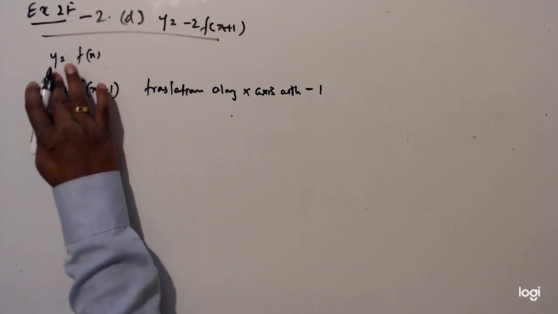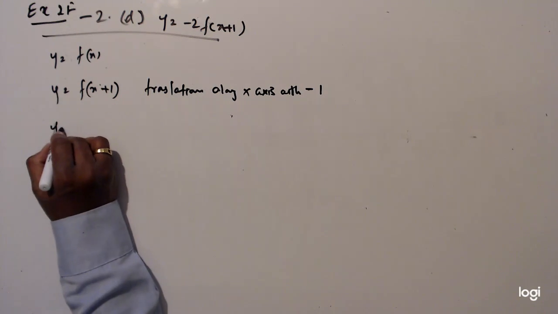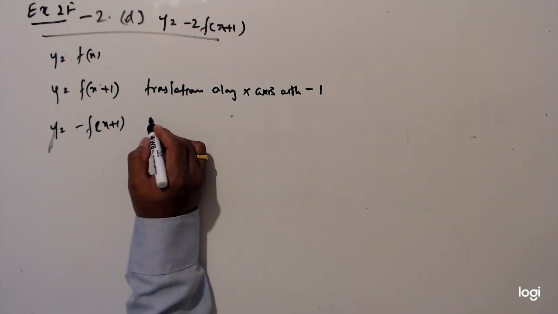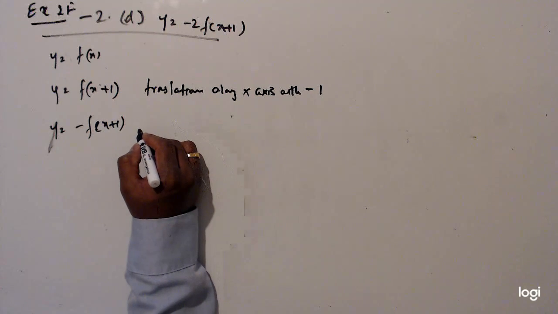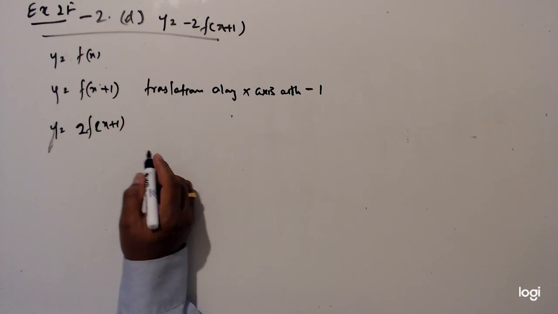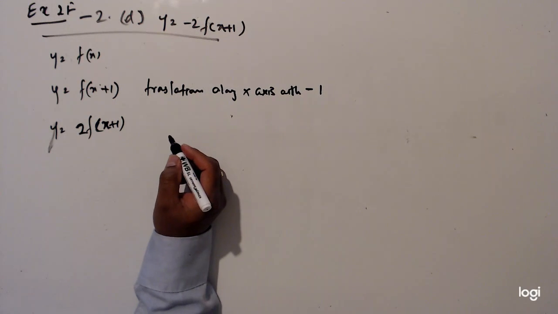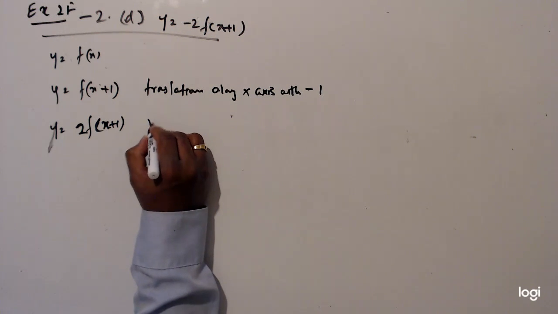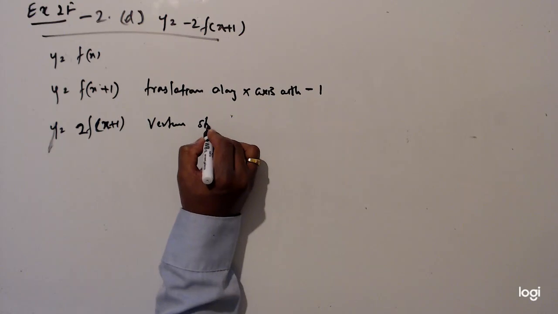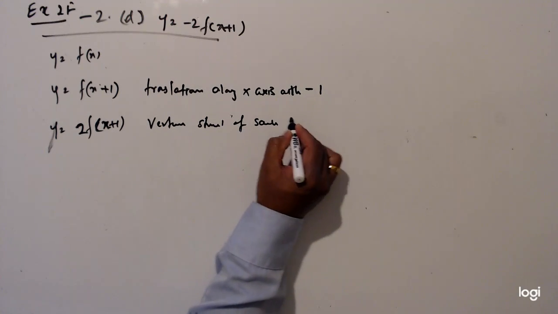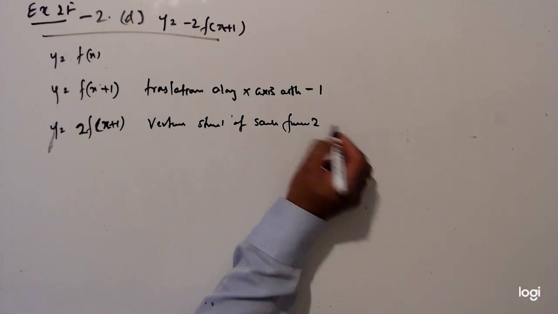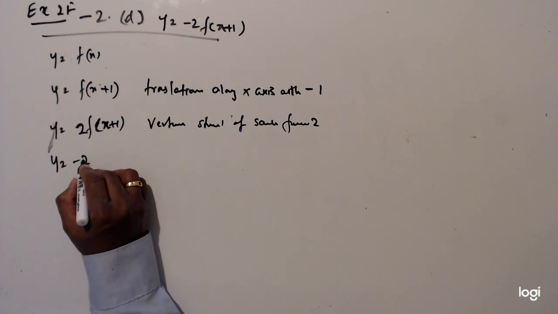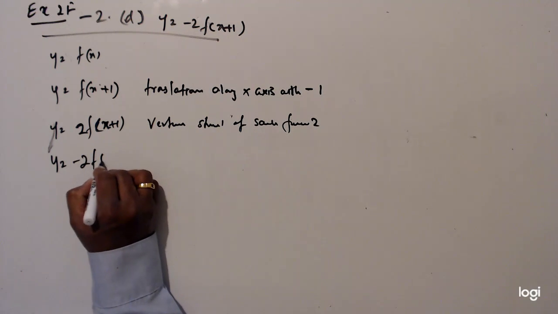Then y equals minus f(x plus 1), or we can write this one as 2f(x plus 1). And this is a vertical stretch of scale factor 2, and then y equals minus 2 (when you multiply by minus 1) f(x plus 1).